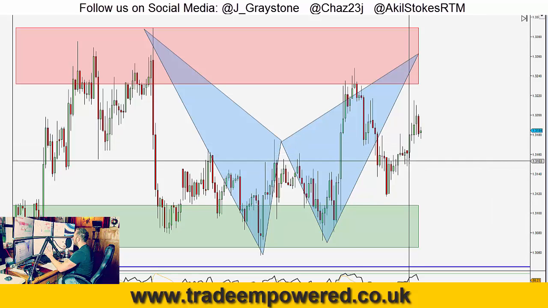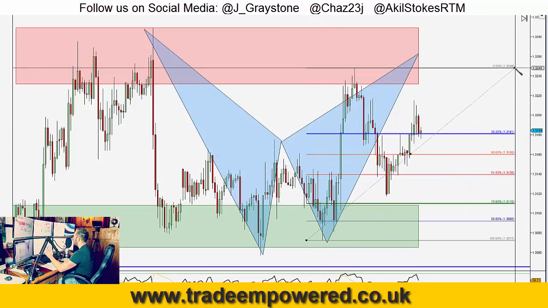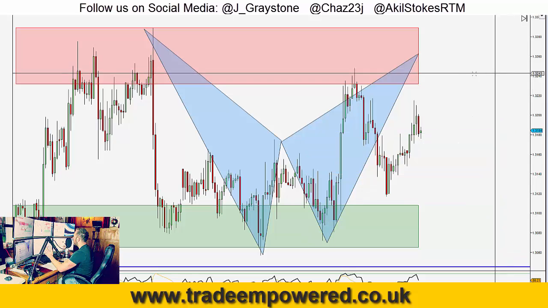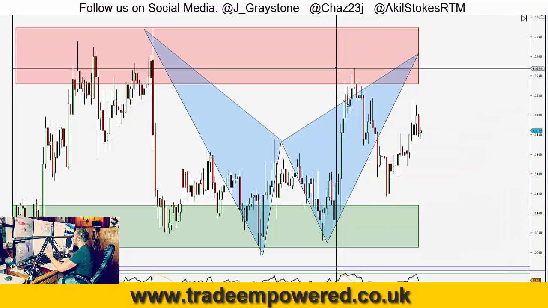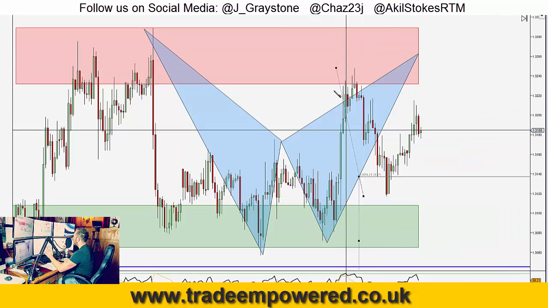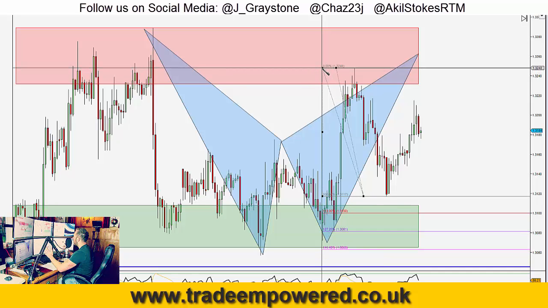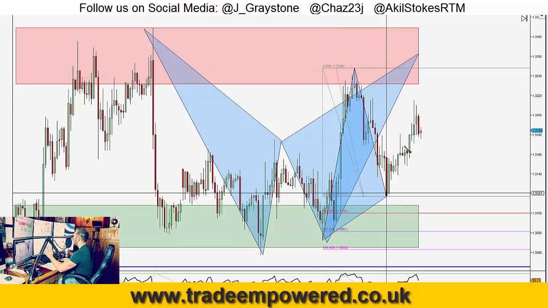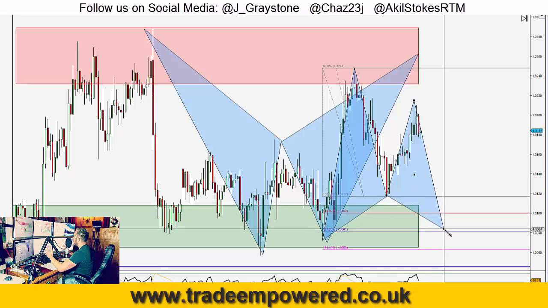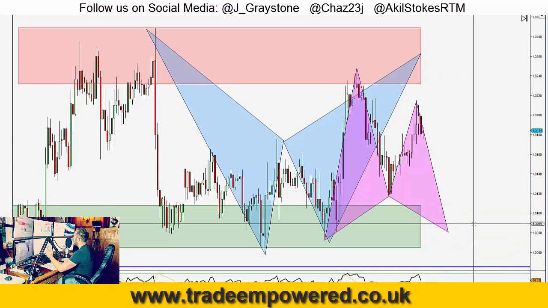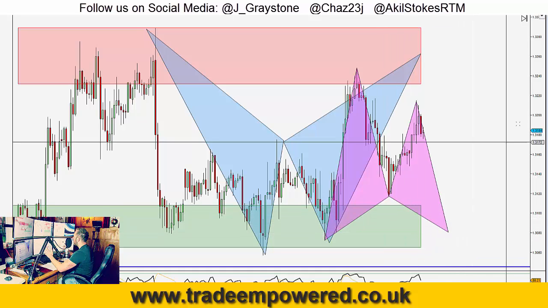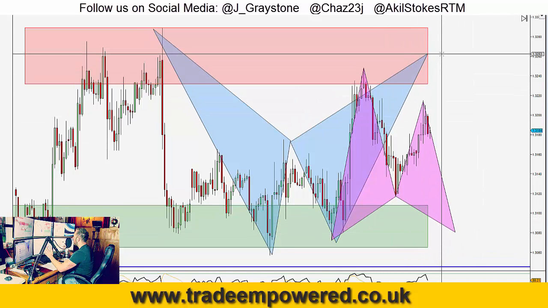So if I take you one step further now, we're down on the 60. You can see that we've got a potential Gartley formation setting up down at 130.81. So if we bring on our tool, X to A to B, B to C, and CD completion down at 130.81, you can see that there's a bullish Gartley down there at 130.81, which means if the market moves up, we know we've got a high probability of earning some money.